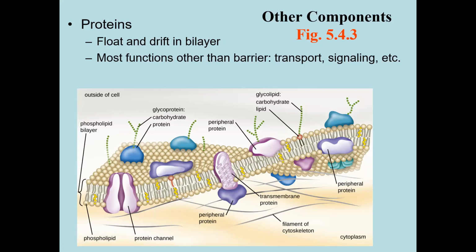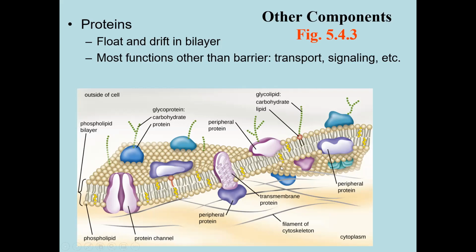Most of the time when we talk about proteins, we are talking about their ability to transport. That's their classic idea. So here we've got a protein channel. Channels are, of course, for moving something from inside to out or outside to in. But again, as I mentioned, proteins can also be really important in signaling.